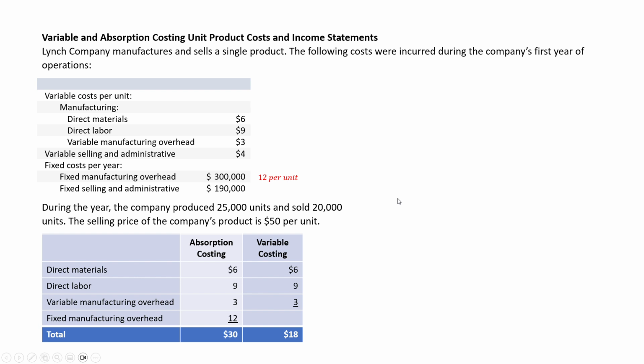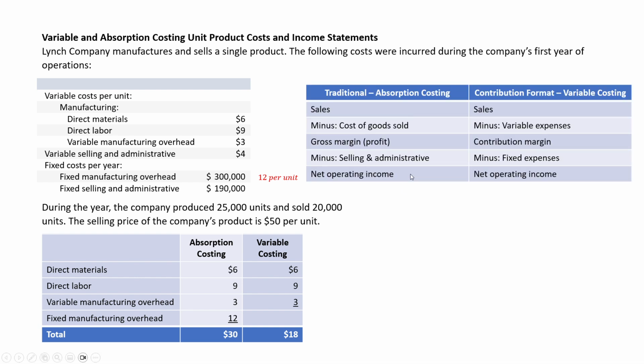Also, the way that we prepare the income statement is going to be different. And I have a basic summary here. We can even go back to financial accounting, that typical multi-step income statement. We've also prepared one earlier in the semester. We start with sales, subtract all of our product costs.